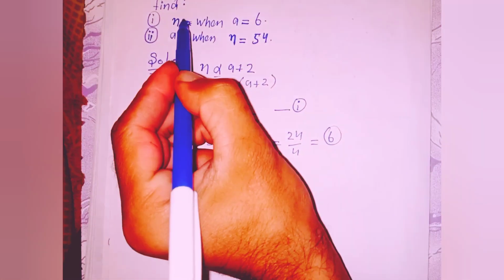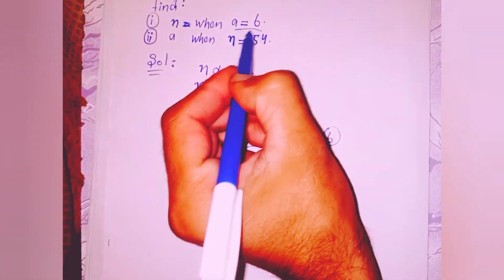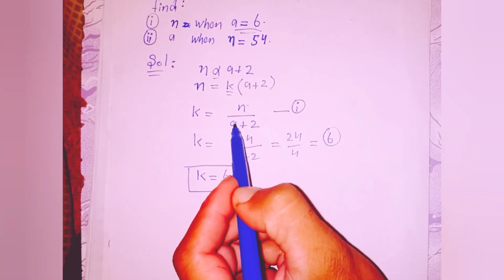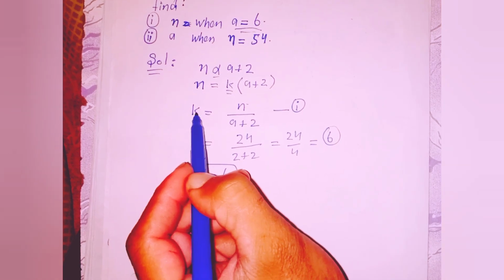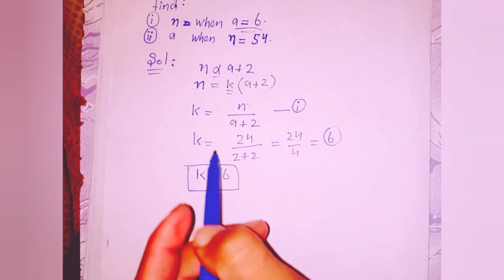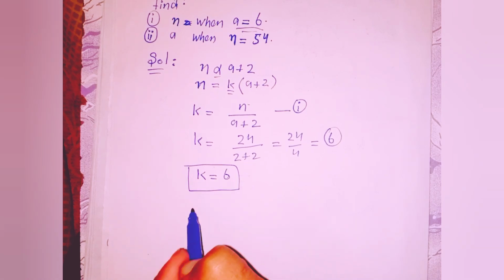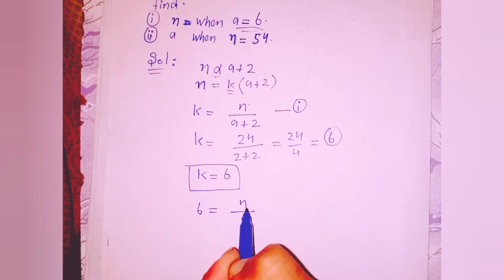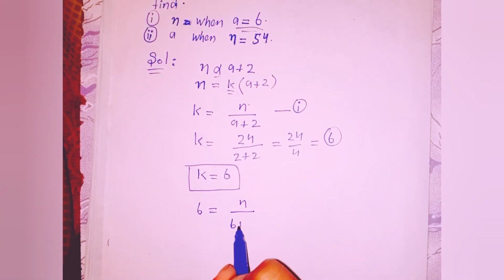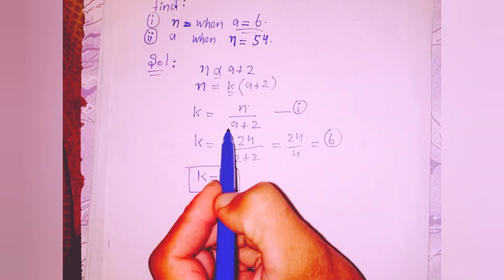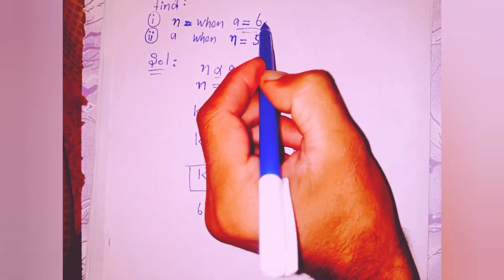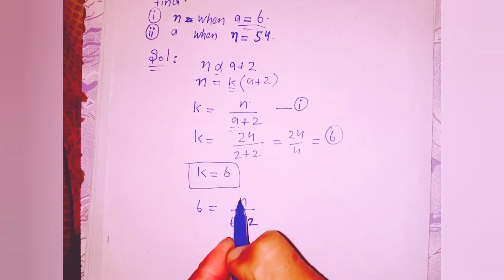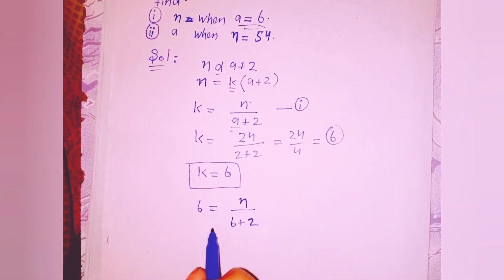Now to find out the value of n when a is 6, here we will put the value of a is 6, and we already have the value of k is 6, so 6 is equal to n divided by 6 plus 2.